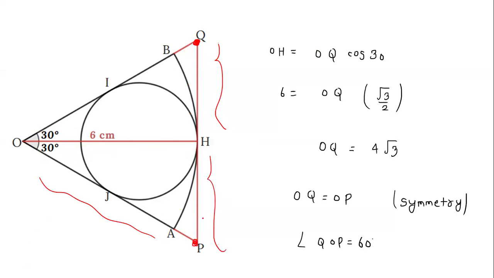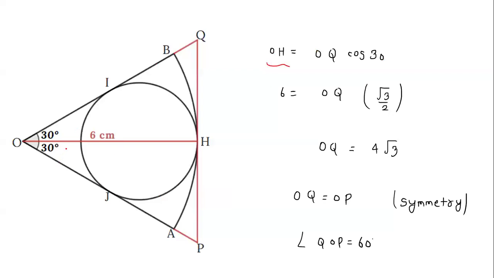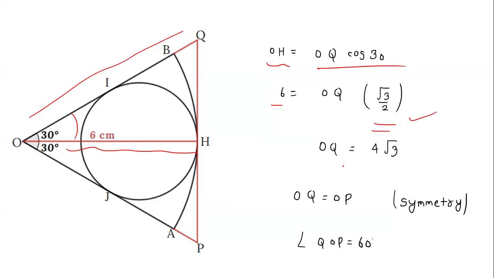So now there is one triangle, this is O, Q and H triangle. In this triangle, we can write OH is equal to OQ times cos 30. We know OH is 6, we know cos 30 is root 3 by 2, so we can find out OQ as 4 root 3.